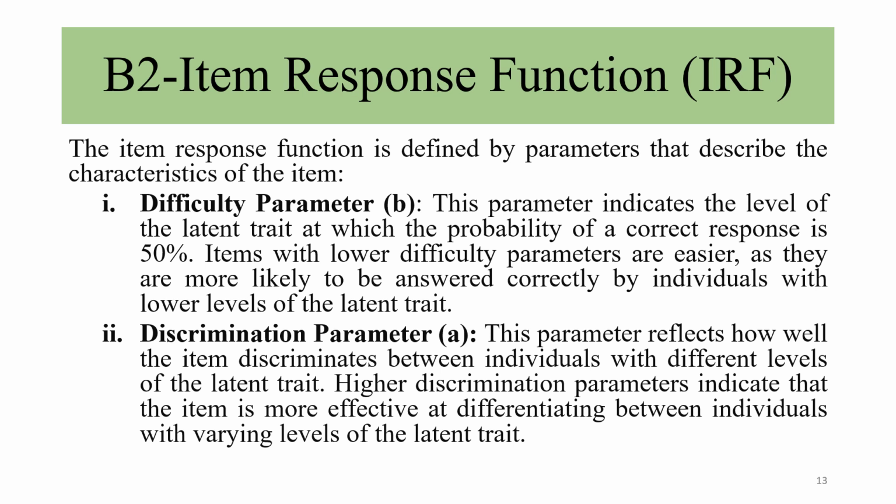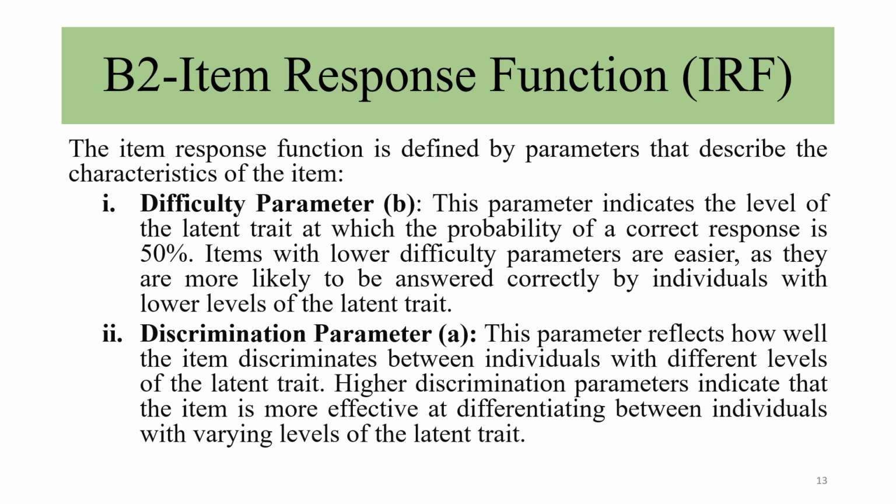This parameter indicates the level of the latent trait, or the ability level, at which the probability of a correct response is 50%. So it talks about the difficulty parameter.